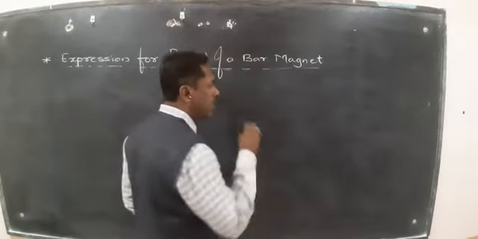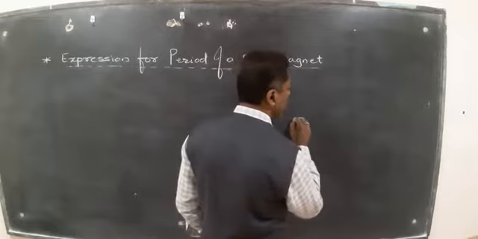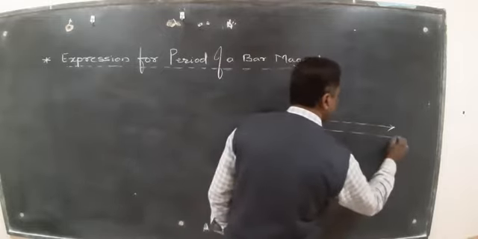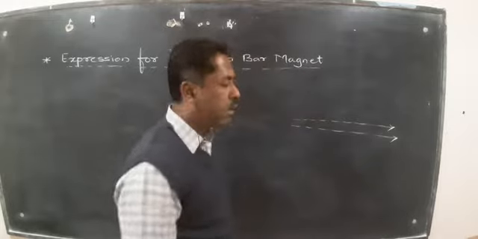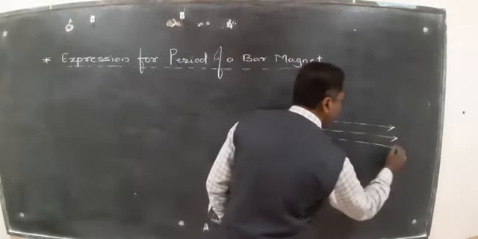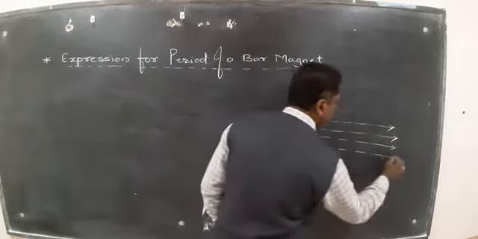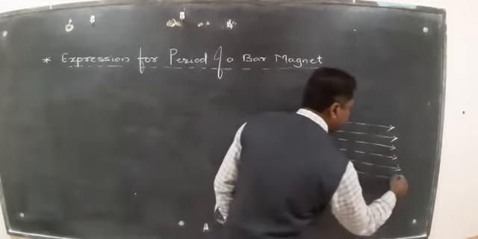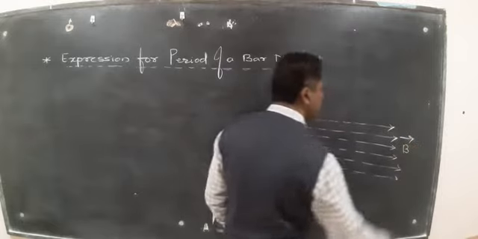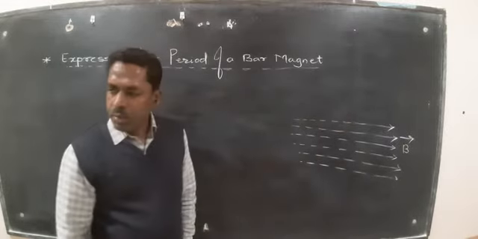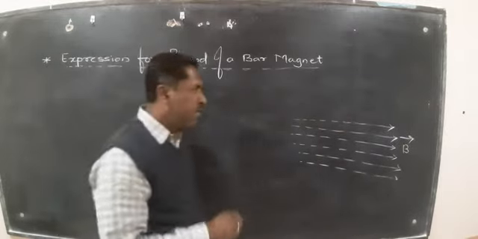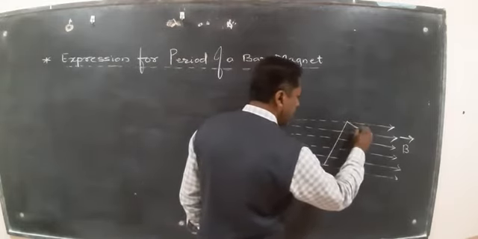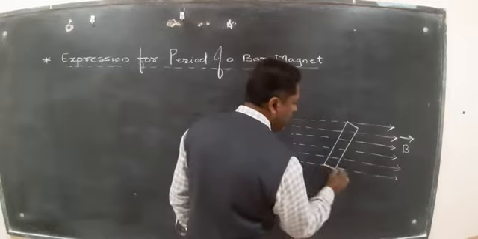Let us consider there is a uniform magnetic field B in which a bar magnet is kept.